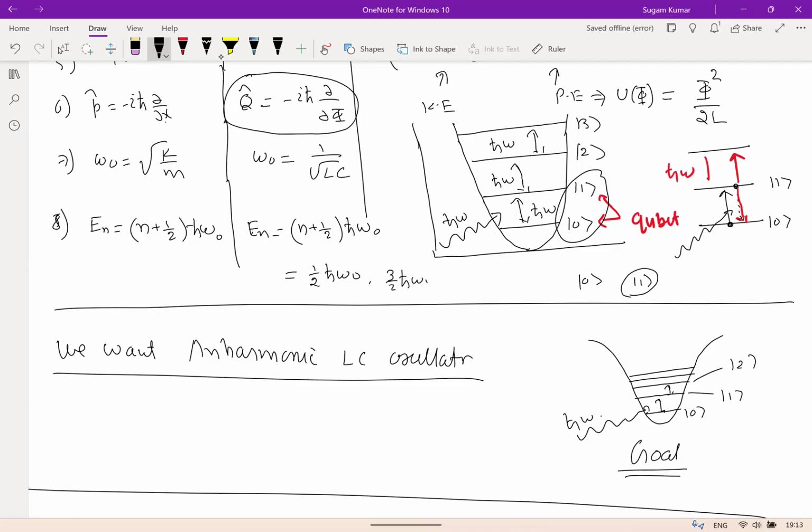If you're going to use, let us say, flux, in the case of the flux, still the wave function will be the wave function of the Cooper pair, but the variable will be the flux, or in the case of phase, it will still remain the wave function of the Cooper pair, but the variable will be the phase of that wave function.